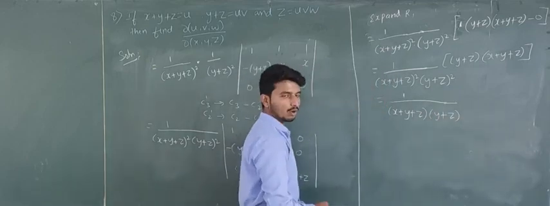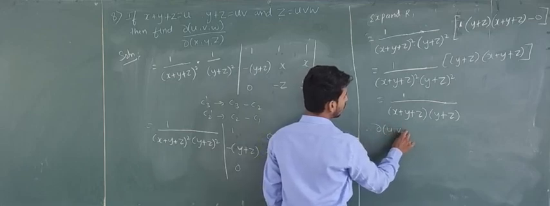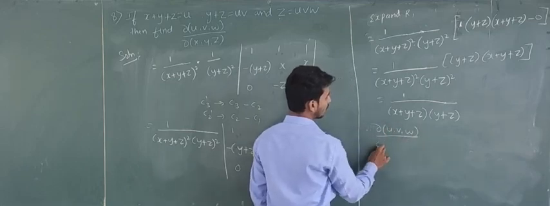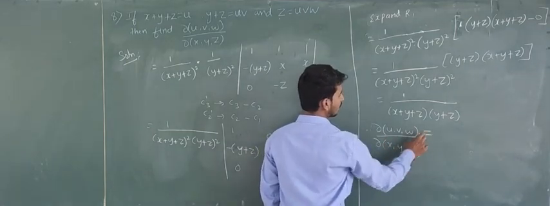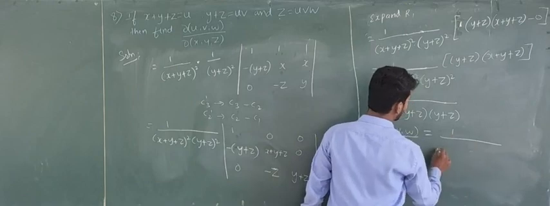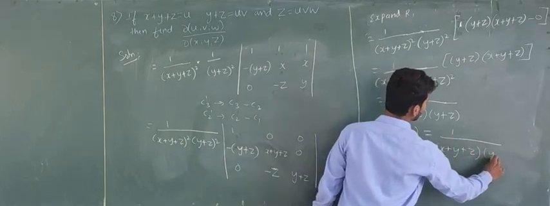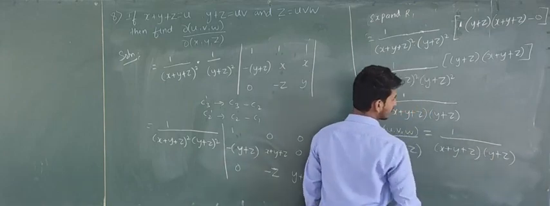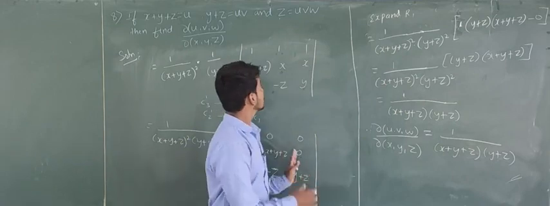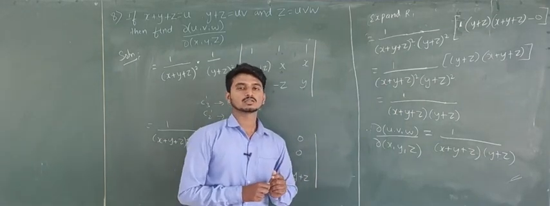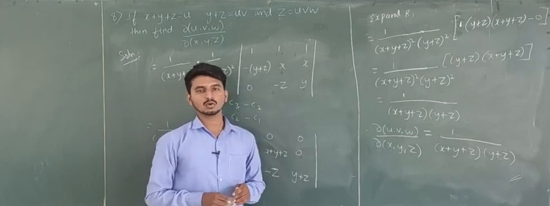This is the value of your Jacobian, therefore ∂(u,v,w)/∂(x,y,z) is equal to 1 divided by (x plus y plus z) into (y plus z). This is about this problem. In the next video we will continue with some more problems. Thank you.